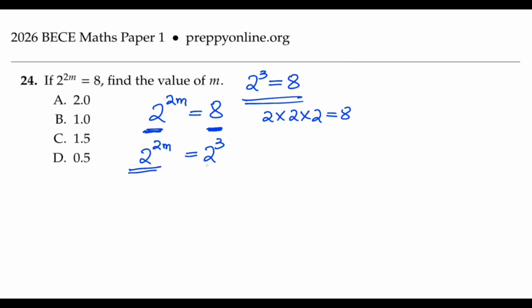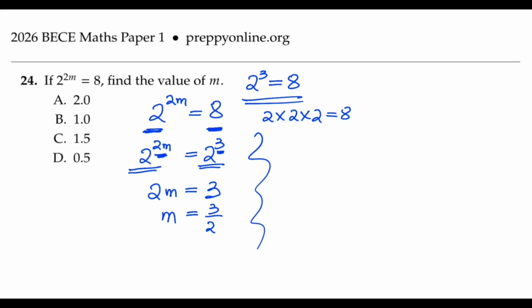And now that we have the same base on the left as on the right, we can equate the exponents. So now 2m is equal to 3. And if 2m is equal to 3, then m is equal to 3 over 2. And what is 3 over 2 equal to?